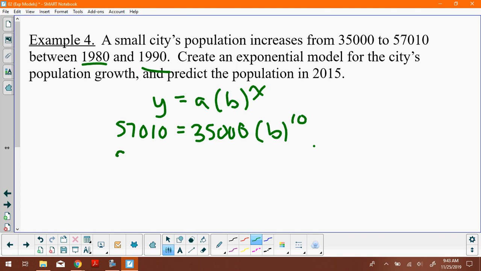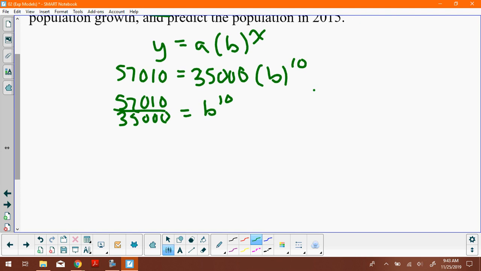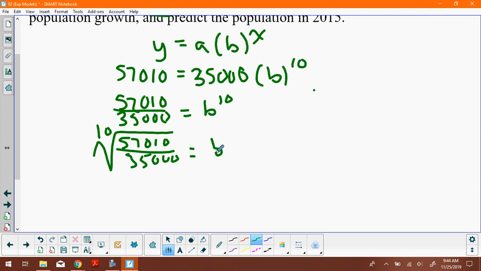Okay, so divide both sides by the initial population. That's b to the power of 10. And then my last step in solving for b would be to take the 10th root of that fraction. So the 10th root of 57,010 over 35,000 is equal to b.